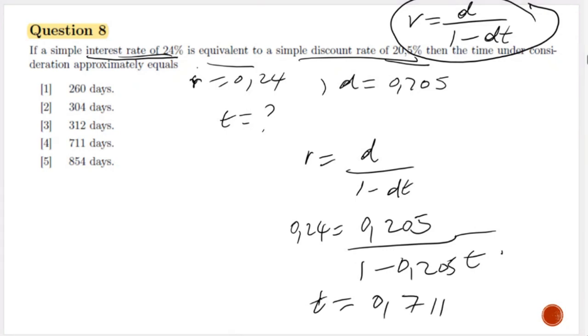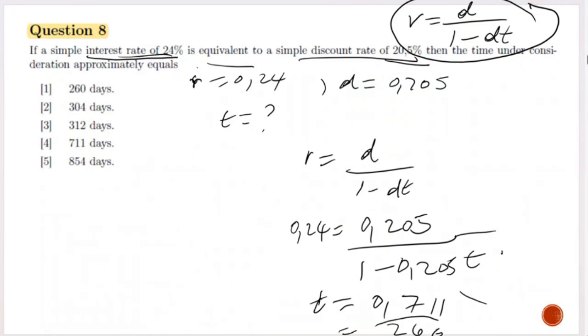0,711. And then you go and look at your answers and say, I don't have 0,711. And then you look, your answers are being put as number of days. So the suggestion is you need to convert this amount, multiply it by 365. Okay, if you multiply this by 365, you will notice that your answer is going to be equal to 260 days.